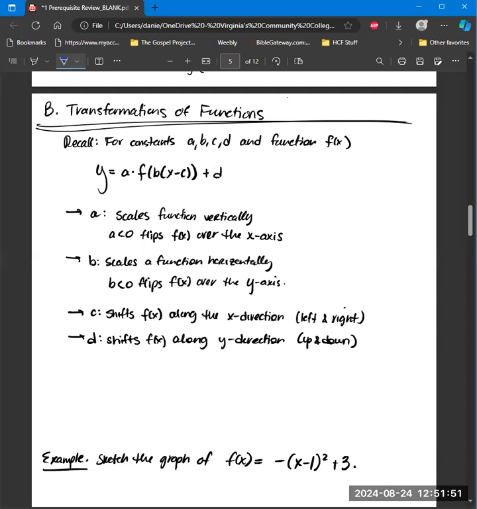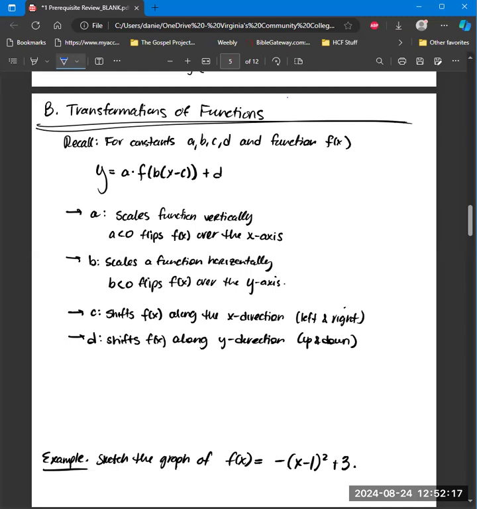A less than 0 is going to flip f of x over the x-axis. B scales the function horizontally, and b less than 0 flips f of x over the y-axis. C shifts f of x in the x direction left and right. A positive c value is going to move it right here, and negative c value will move it left.